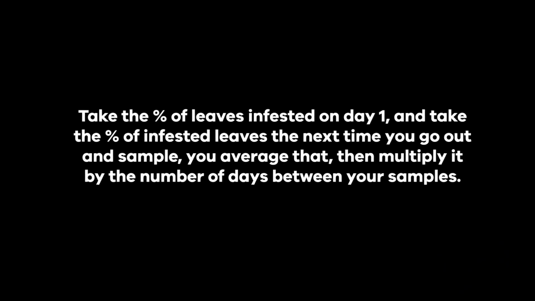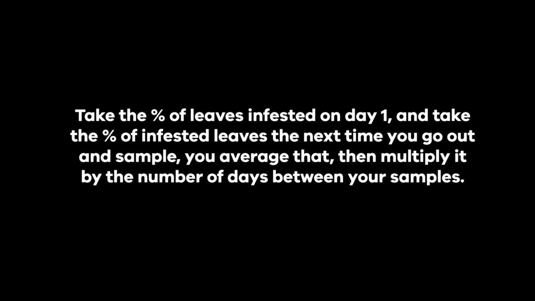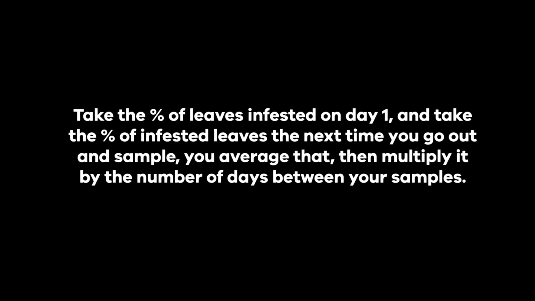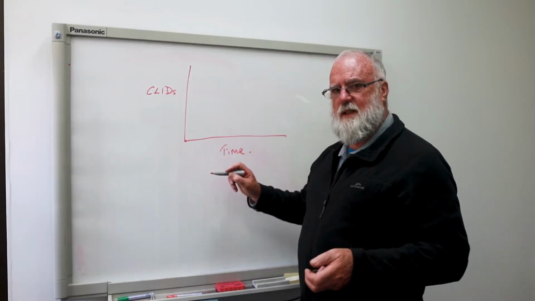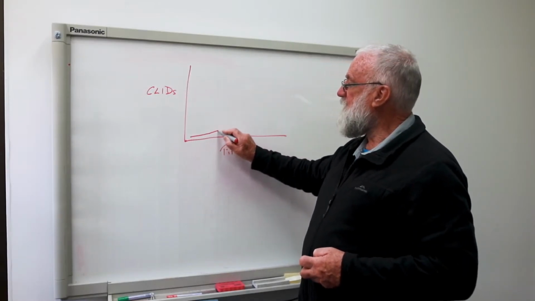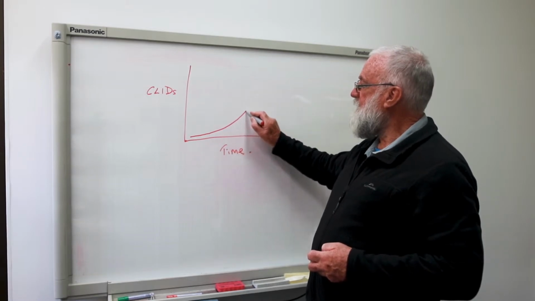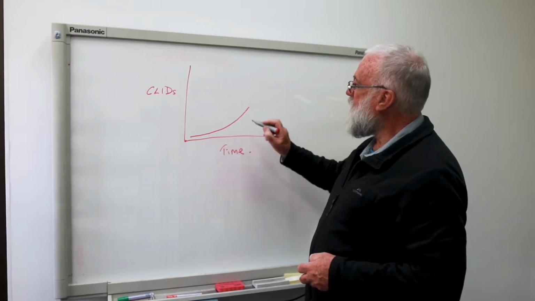Basically what you're doing is you're taking the percentage of leaves that are infested on day one and the percentage of leaves that are infested the next time you go out and sample. You average that and multiply by the number of days between your samples, and then you just add that through the season. So what you end up with is a line that sort of goes like this, and as the season progresses and it gets warmer, the gradient increases.